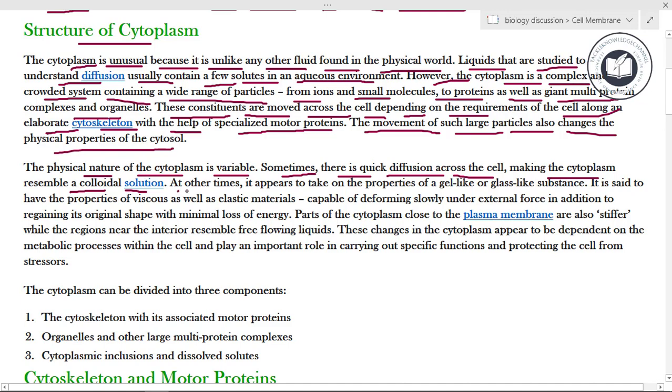At other times it appears to take on the properties of gel-like and glass-like substances.